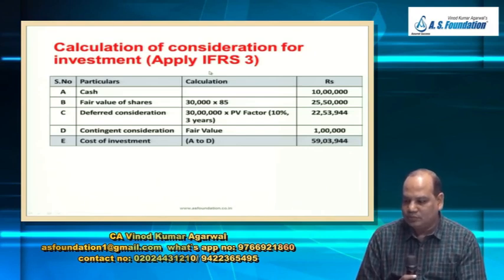Point C, deferred consideration. Deferred consideration, right? 30 lakh into PV factor, 10%, 3 years.